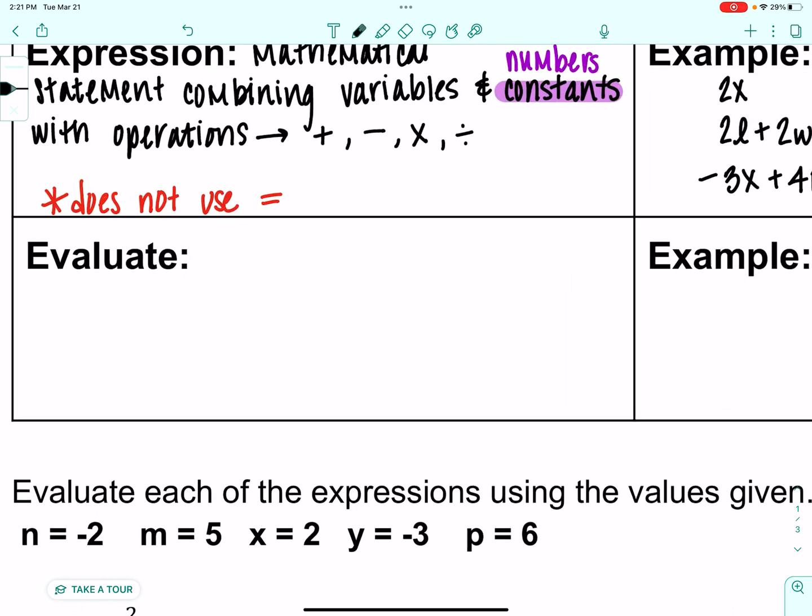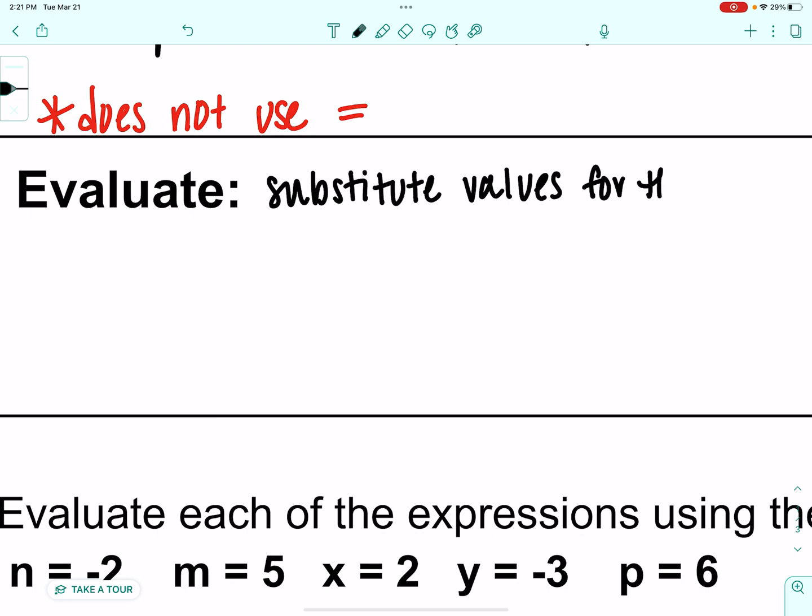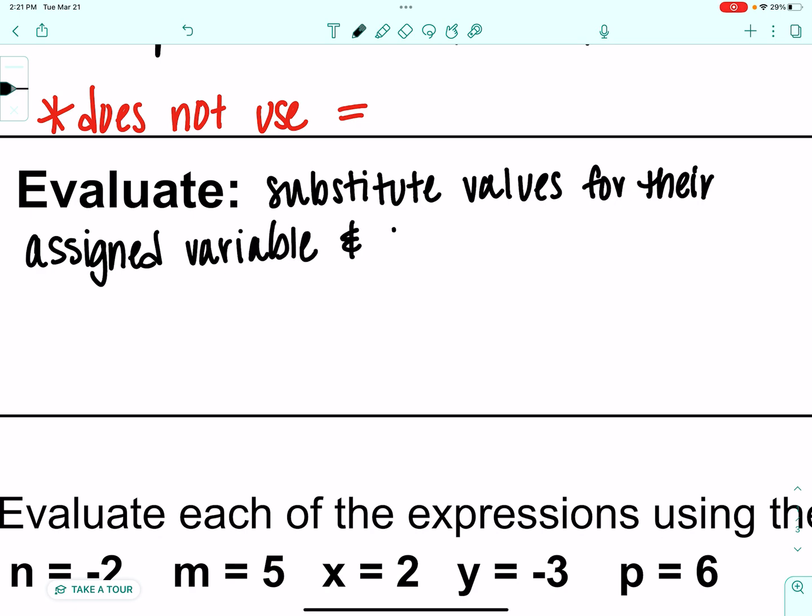The last thing we need to be able to do is evaluate. Evaluate is a fancy way to say substitute values for their assigned variable and calculate.